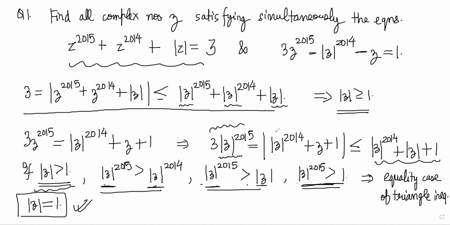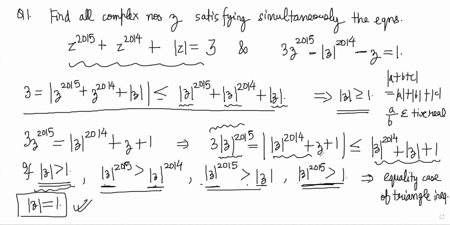So we have seen that before in the previous video, that if mod of a plus b plus c is equal to mod a plus mod b plus mod c, then a by b is positive real. And this is also true for b by c and c by a, right?